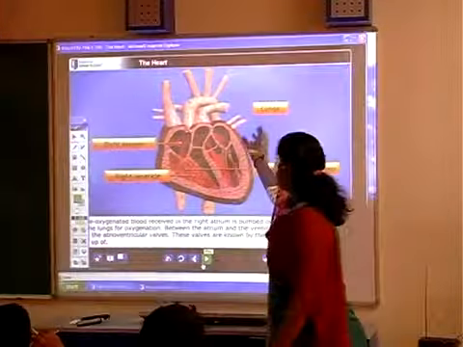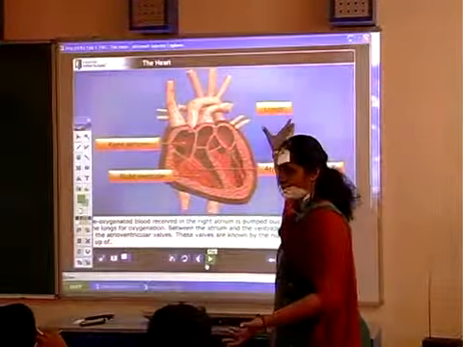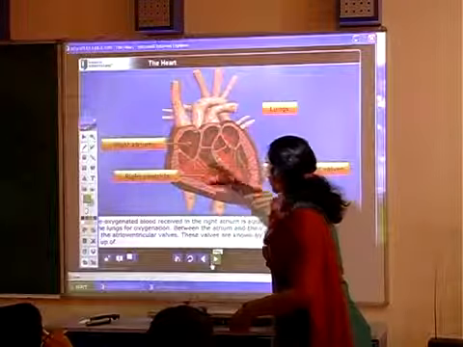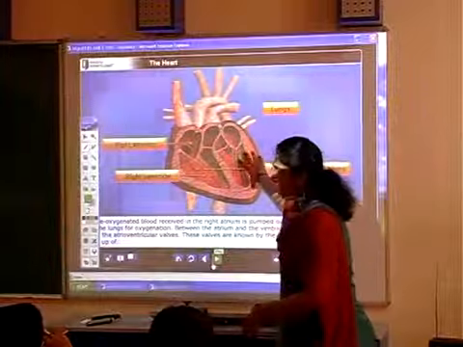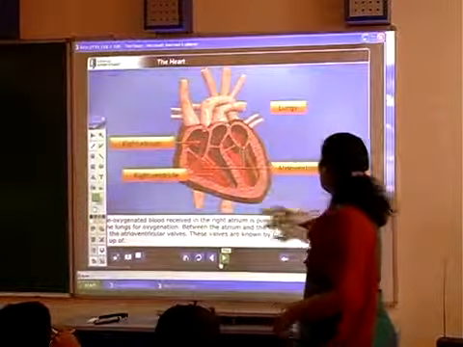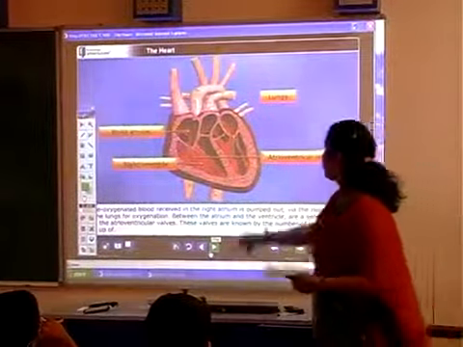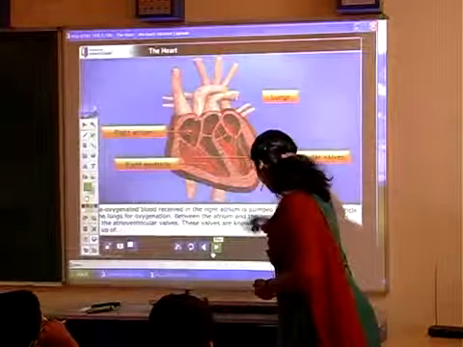Okay, so we saw how the blood flows into the different parts. From here it enters from the body into the heart, and from the lungs it enters into the heart here, the purified blood, and the valves help in preventing backflow of blood. Now you can see these thin lines over here, okay?